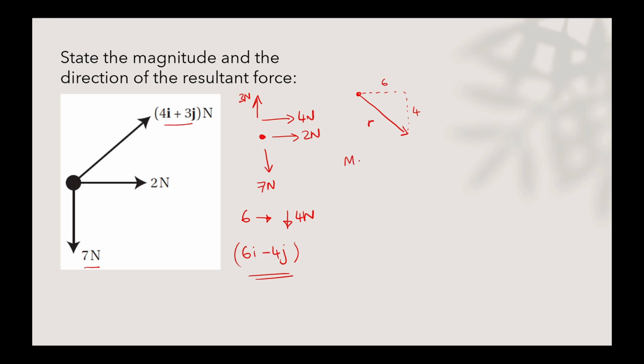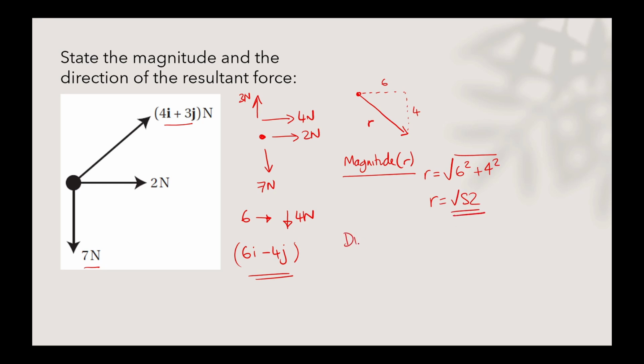So to work out the magnitude, finding out the length of r. When finding r, I would just not write down the steps of Pythagoras, just go r equals root and then the 2 lengths. So I've got 6 squared plus 4 squared, which gives me an answer of root 52.